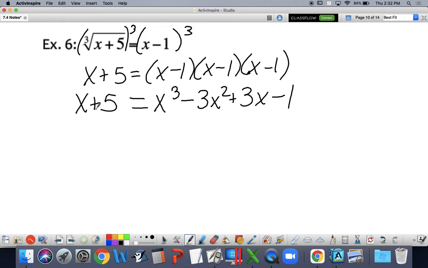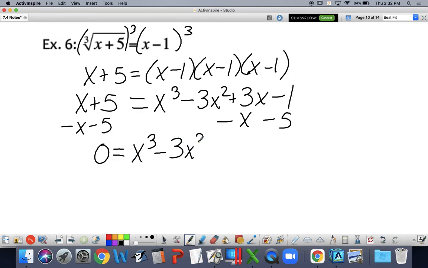We grouped it, right? But before I group it, I've got to set it equal to 0. I've got to do that same approach that we did before. So I get x cubed minus 3x squared plus 2x minus 6.